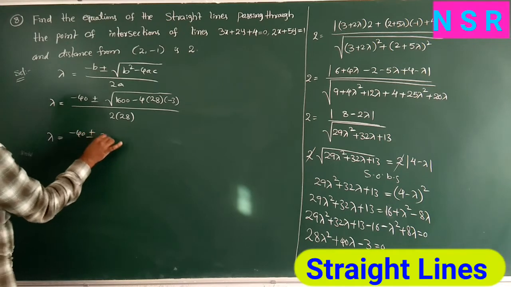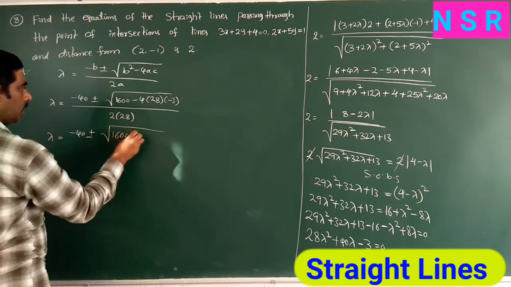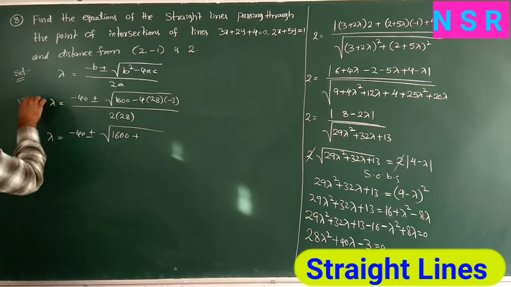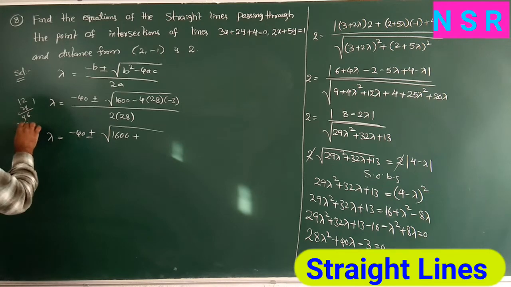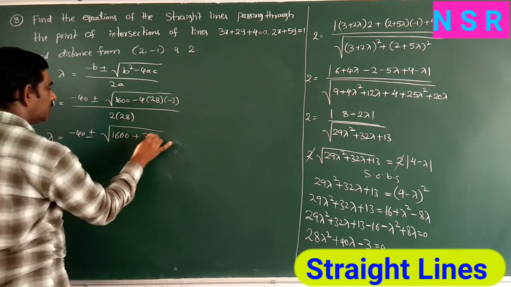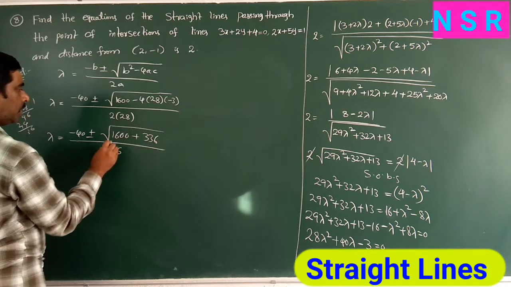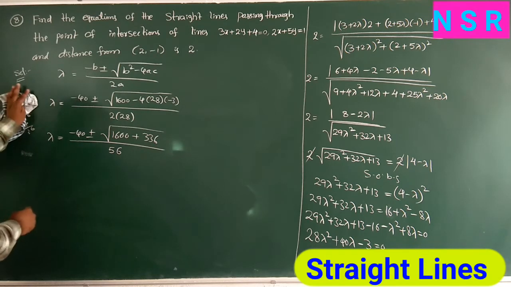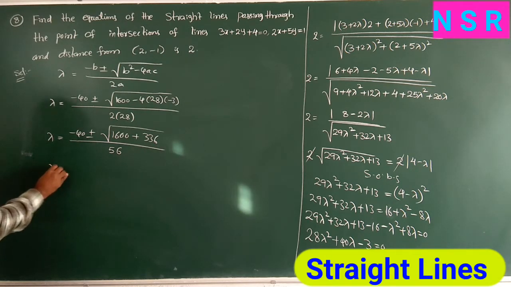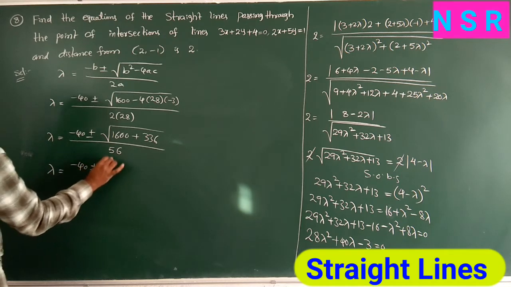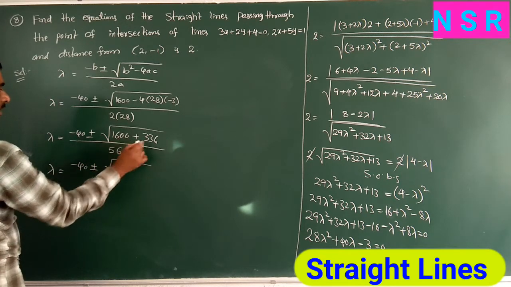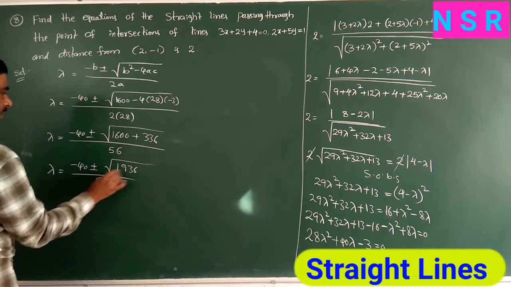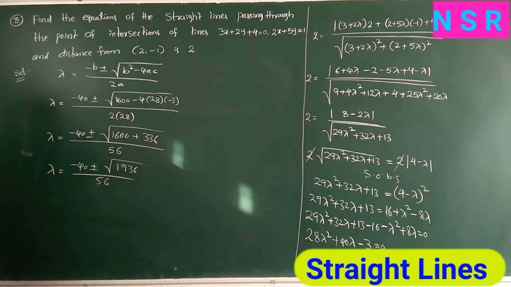Minus 40 plus or minus square root of, minus into minus plus, 4 3s are 12 into 28, so 336, by 2 8s are 16, 2 2s are 4 plus 1 5. So next lambda is equal to minus 40 plus or minus, so add these numbers 1600 plus 336, 1936, by 56. So the square root of 1936 is 44.